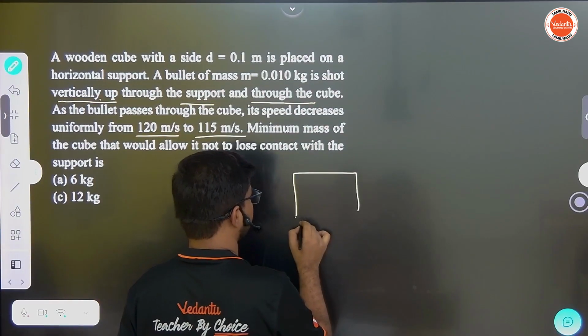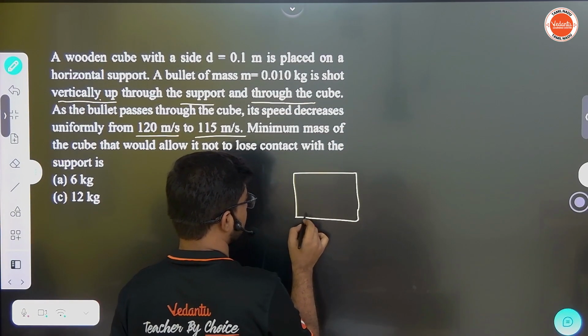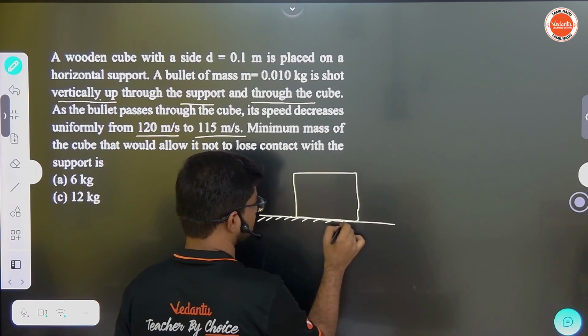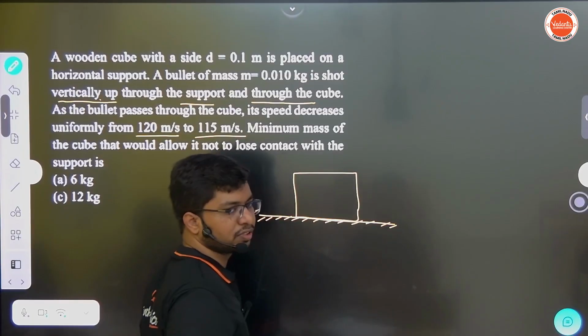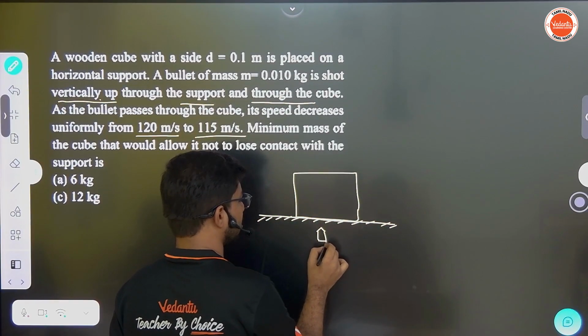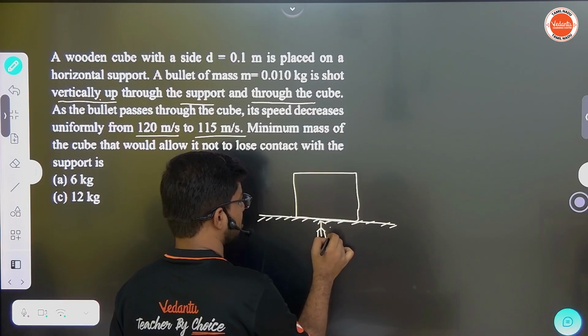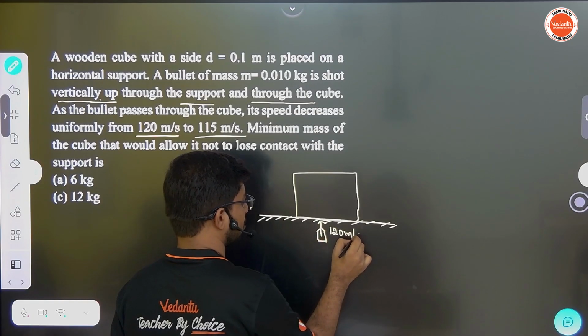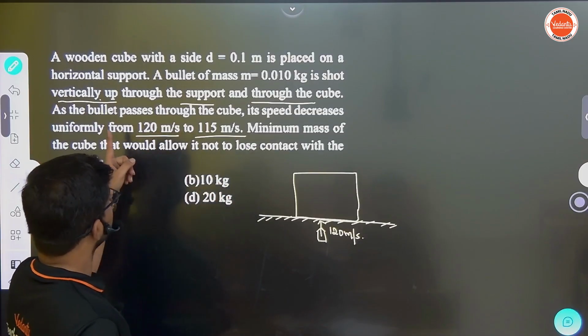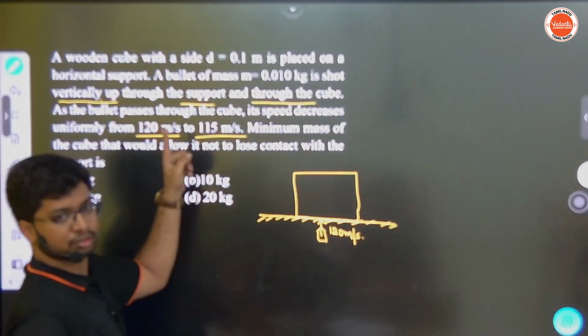That means you have the block over here, which is placed on some kind of support, and you have a bullet over here which is coming with a velocity of 120 meter per second. They said that it is shot vertically up, right?